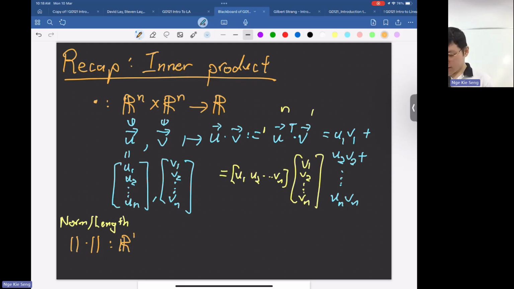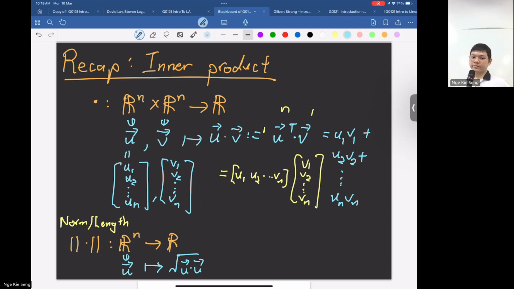You feed it a vector, it gives you a number. How do we define this? We take a vector u, dot it with itself, and then take the square root.